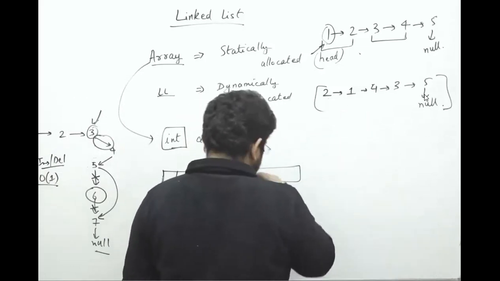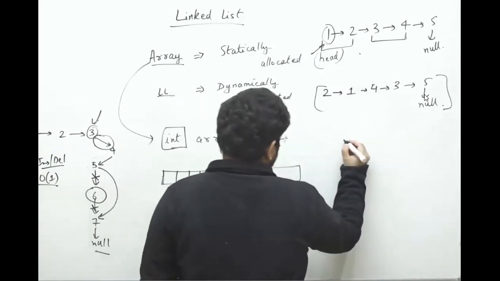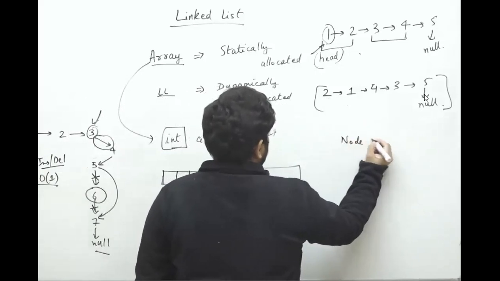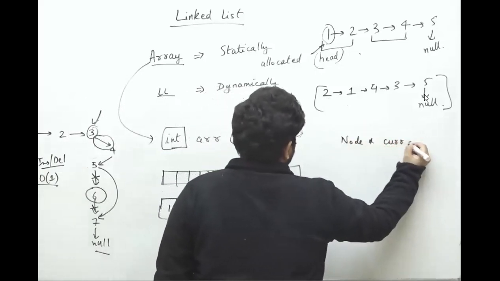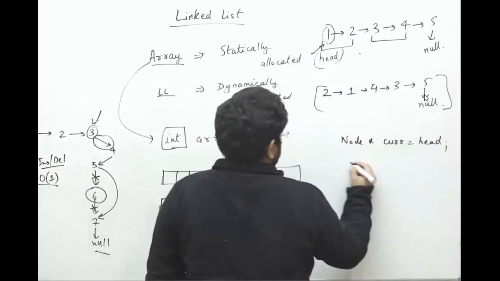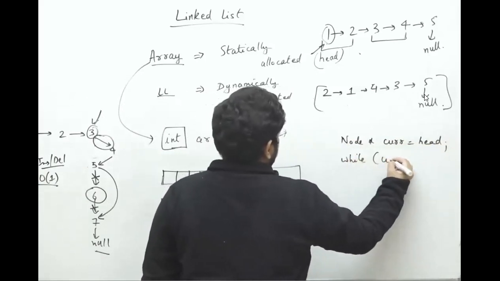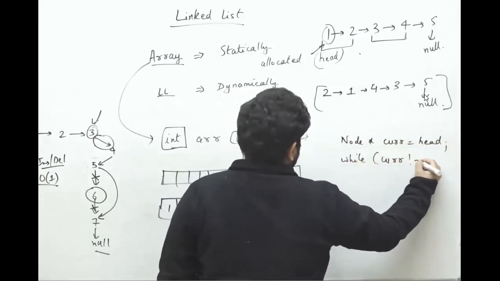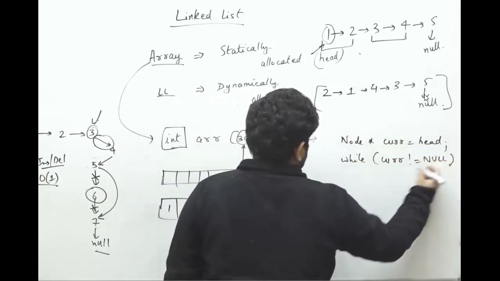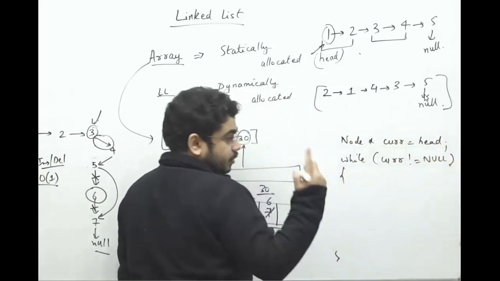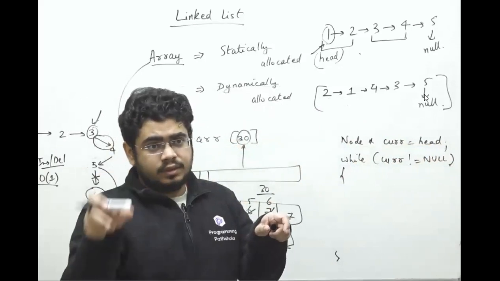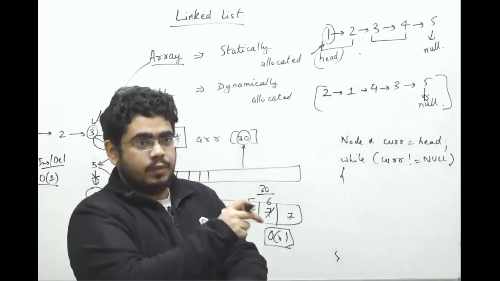So what I can do is, I can say node star current equal to head, while current does not reach the last. You'll take two things, current's data and current's next data, and swap them.